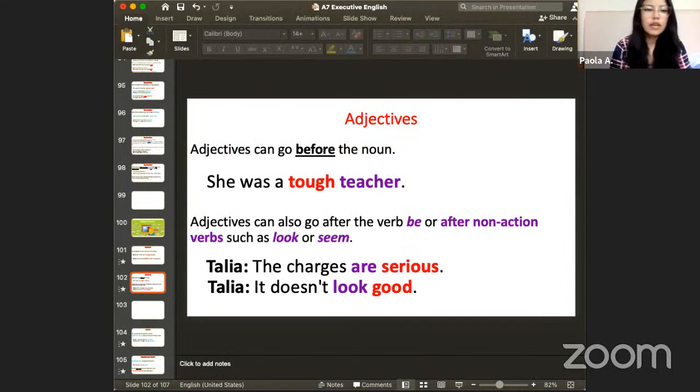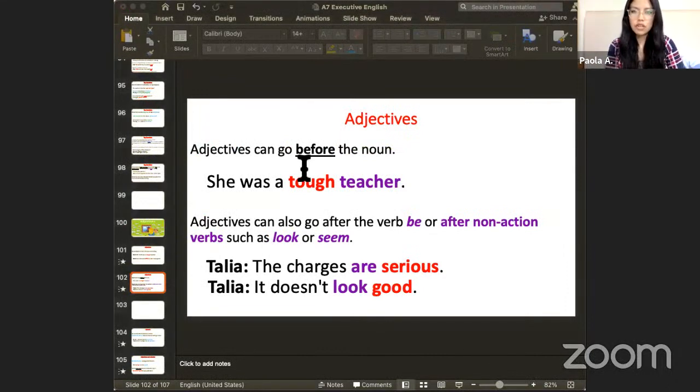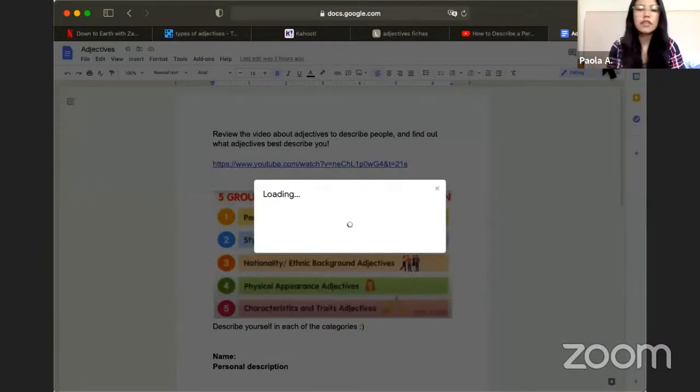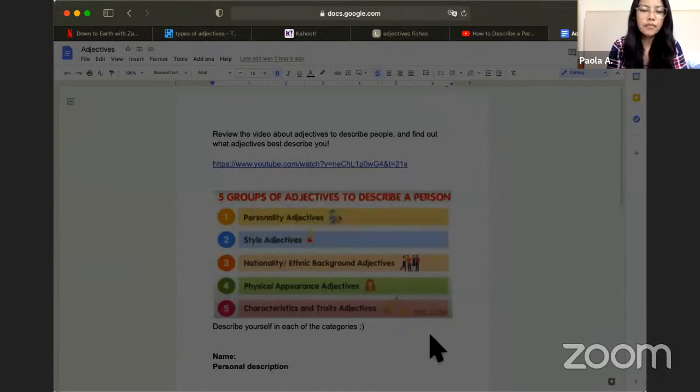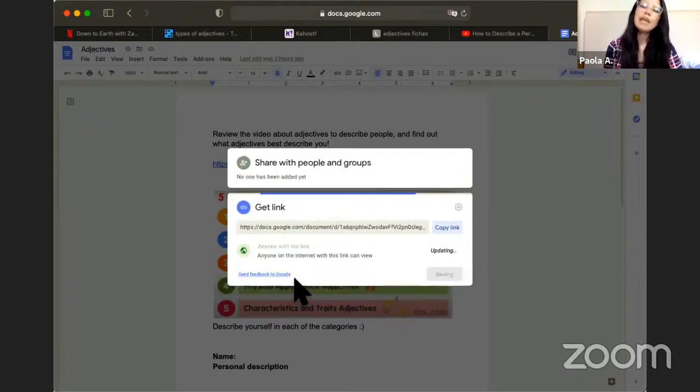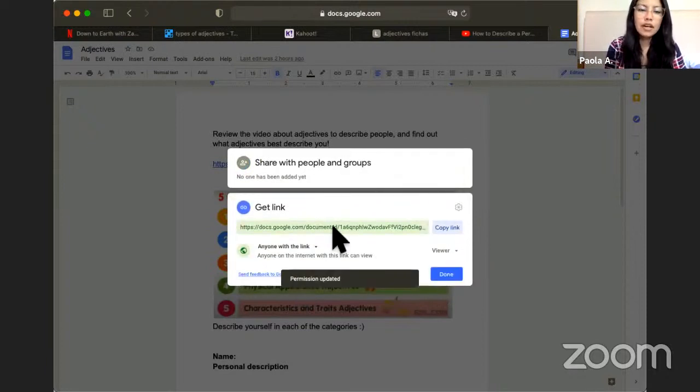So now what we're going to do, guys, is work on a doc. I'm going to share the link for this document. And like I mentioned before, there are many different types of adjectives.